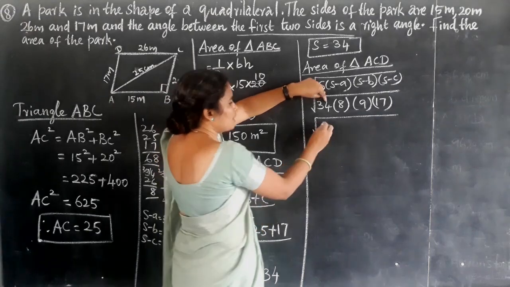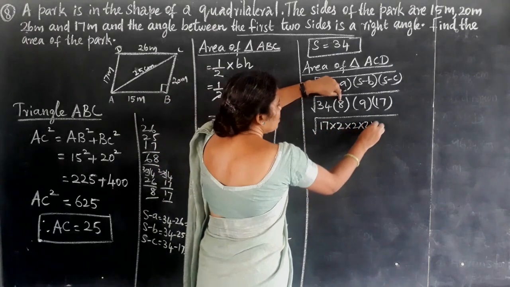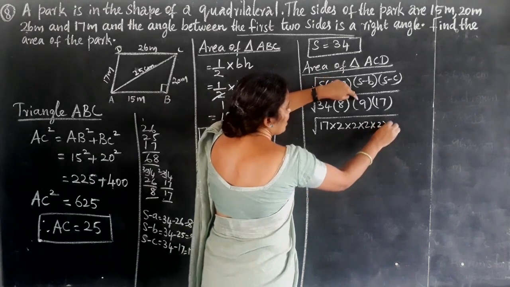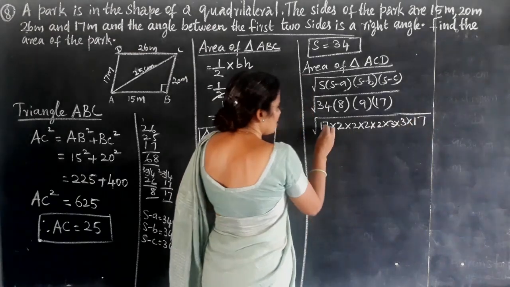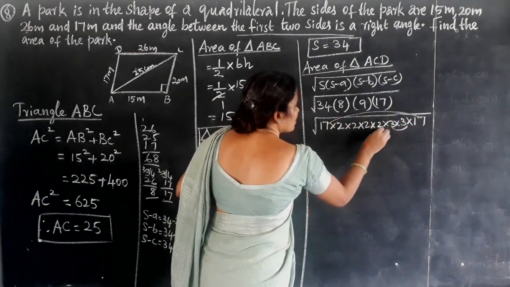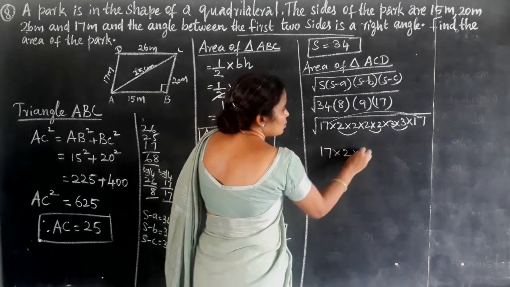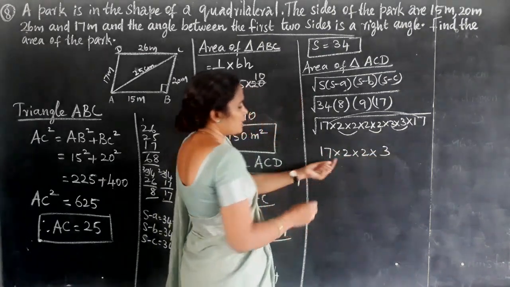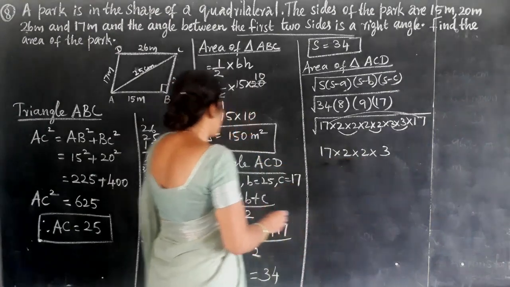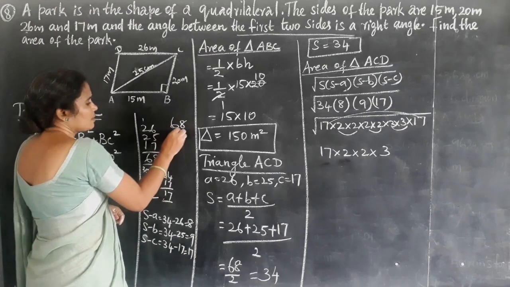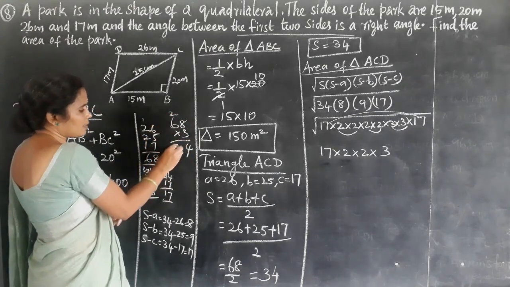17 into 2 is 34. 17 into 2, 2 into 2 into 2. 2 twos are 4, 4 twos are 8. 3 into 3 and 17. So 17 into 2 into 2 into 3. 17 twos are 34. 34 into 2 is 68. 68 into 3: 8 threes are 24, remaining 2, 6 threes are 18, 19, 20.